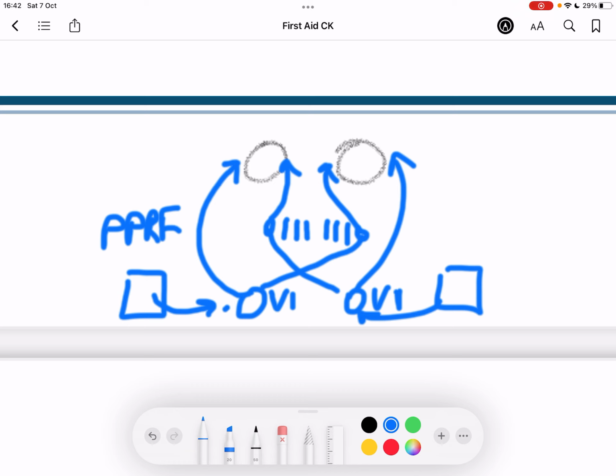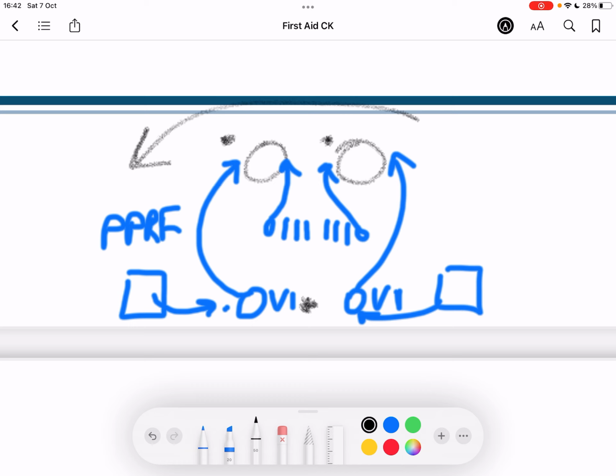So if I want to have a gaze to the left, the PPRF on both sides will trigger the nuclei of cranial nerve 6 to activate the lateral rectus on the left side and the medial rectus on the right side to then do a coordinated movement left.